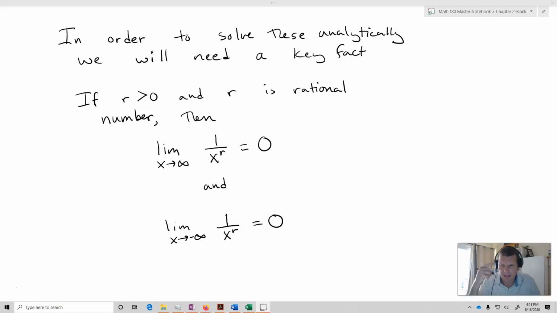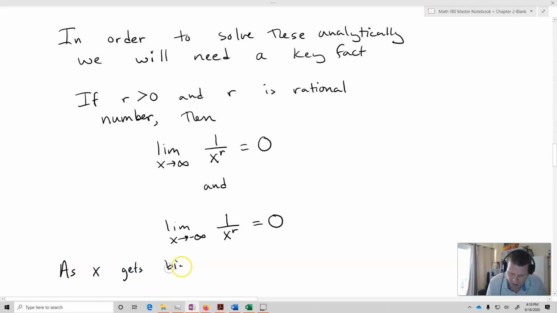How you want to think about this is, as x gets big, 1 over x to the r will get small because you're dividing by a really big number.